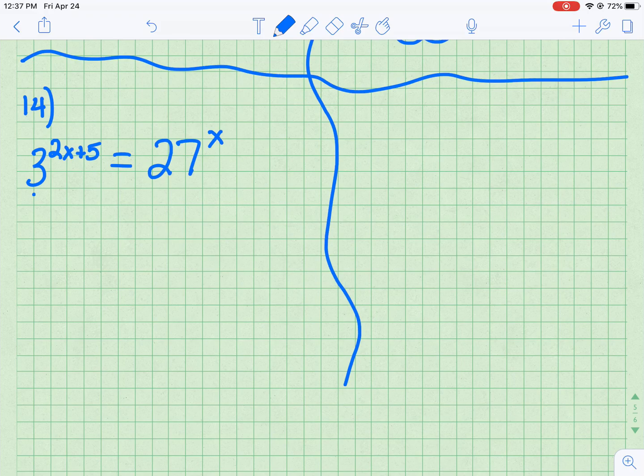As soon as I see 3 as my base, I know that, and again, you're going to see a lot of the same numbers, so that's why I know what they are. 27 can be rewritten as 3 to the 3rd, and there was an x already up there. Because the bases are the same, the exponents are equal.